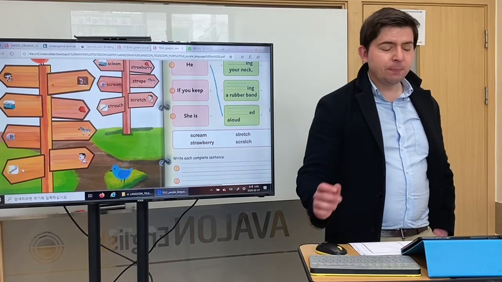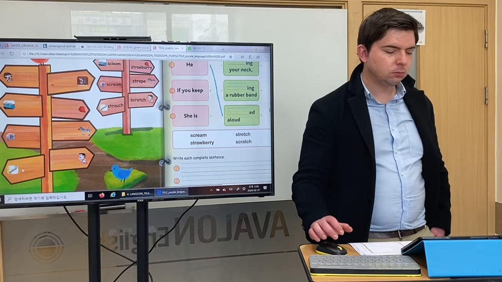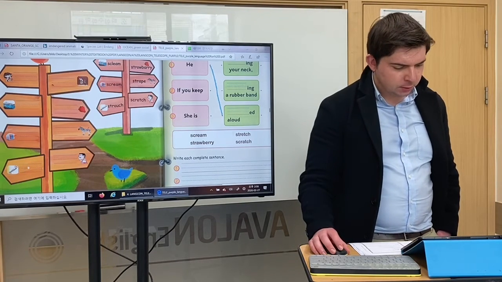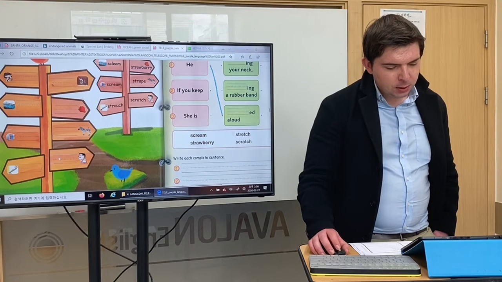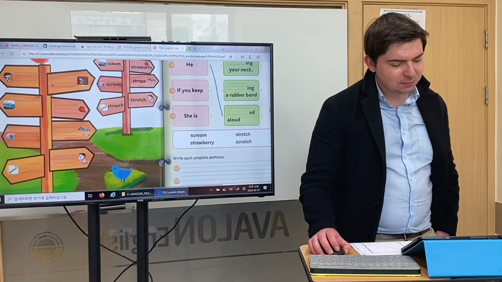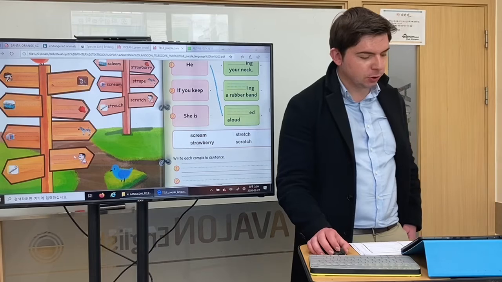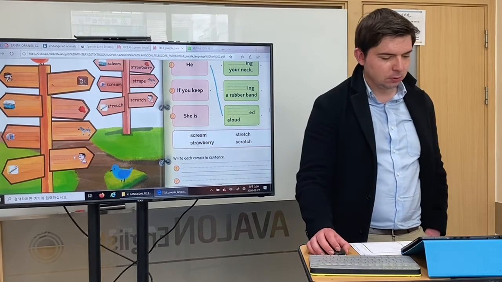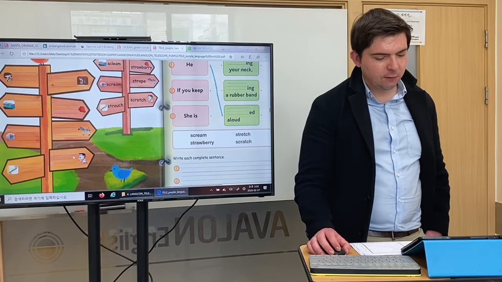And how do we spell stretch? S-T-R-E-T-C-H. Good. And the last one, finally, it is not scratch. What is it? Scratch. And how do we spell scratch? S-C-R-A-T-C-H. Okay, very good.